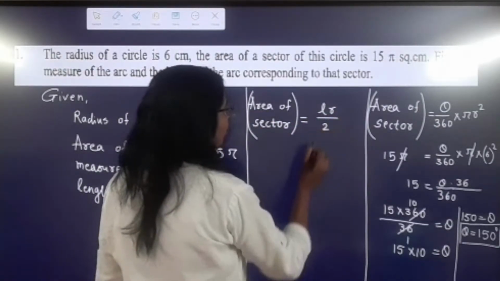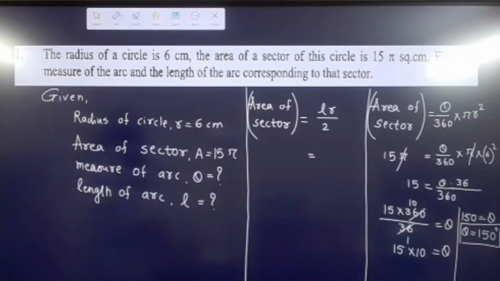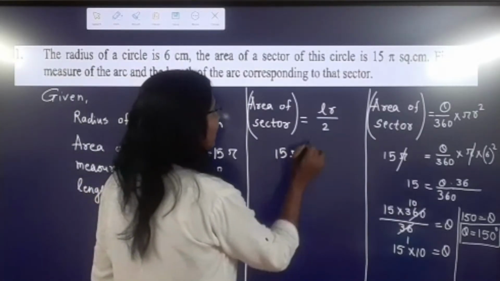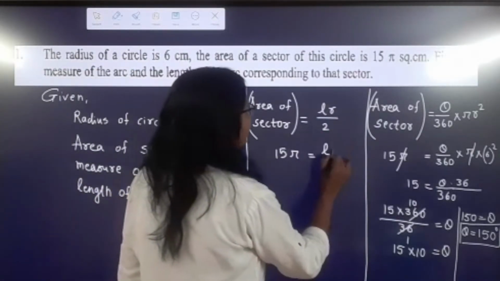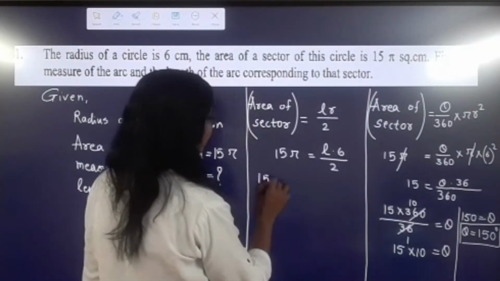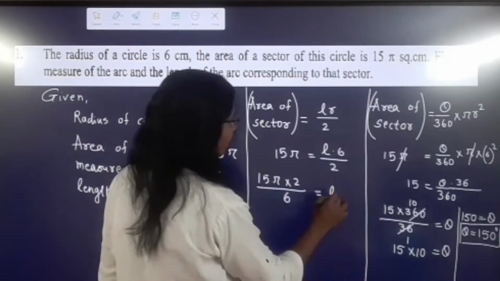By this formula, area of sector is 15 pi. Length, write down as it is, then 6 divided by 2. So 15 pi multiply 2 divided by 6 is equal to L.